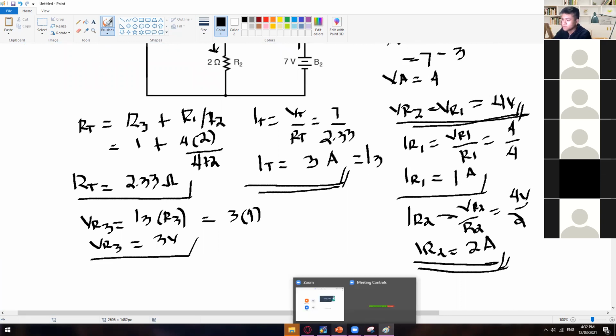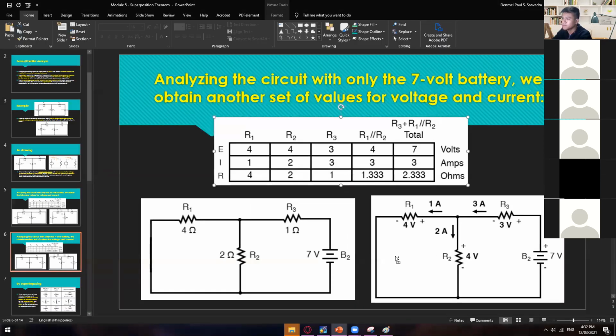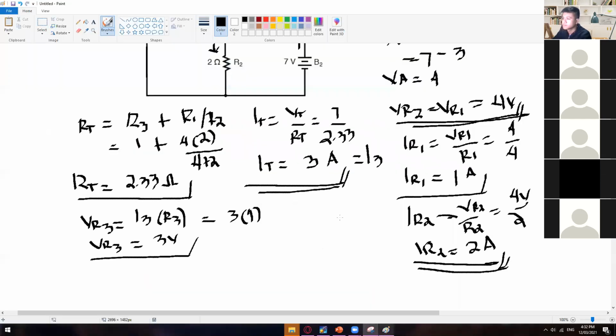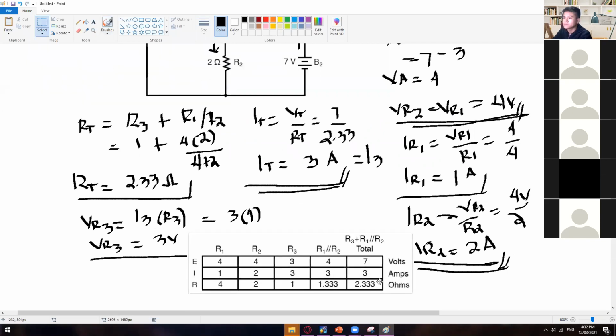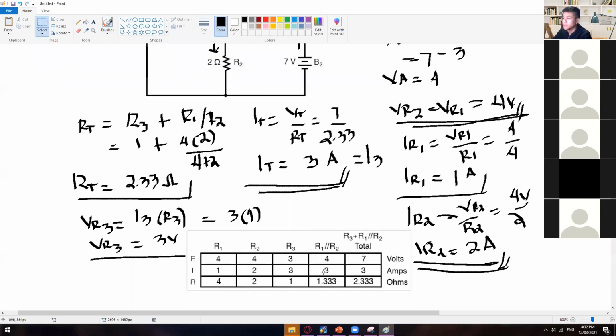So let's see if we have the same. So right here we have voltage drop across R1, which is 4 volts, VR2 is 4, and VR3 is 3 volts. I1 is 1 amp, and I2 is 2 amps, and then I3 is 3 amps.